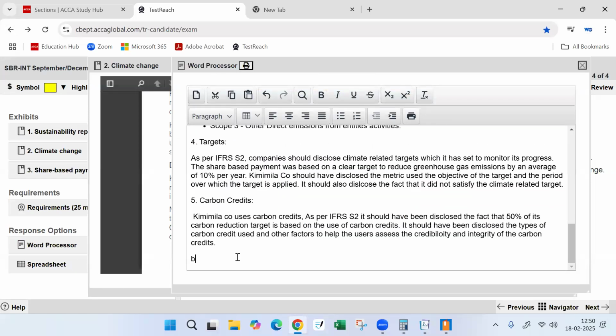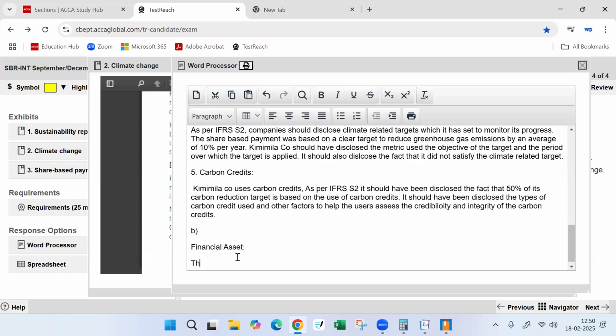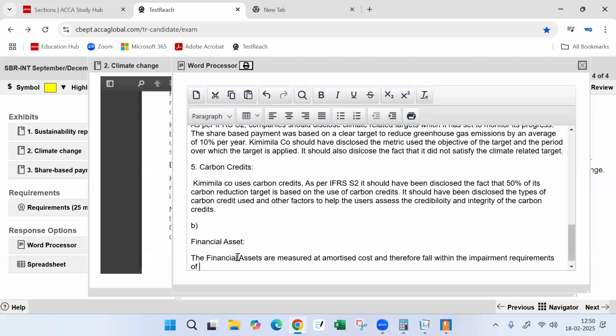So here, which is question B, right? Which is for financial asset, right? So the financial assets are measured at amortized cost and therefore fall within the impairment requirements of IFRS 9 Financial Instruments.